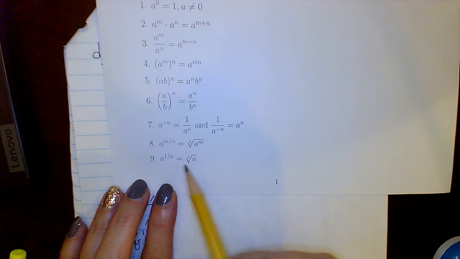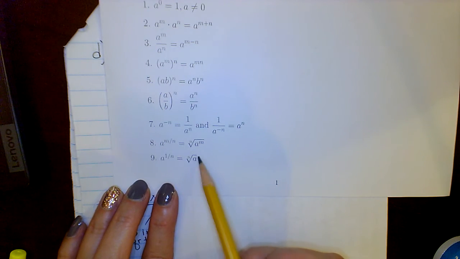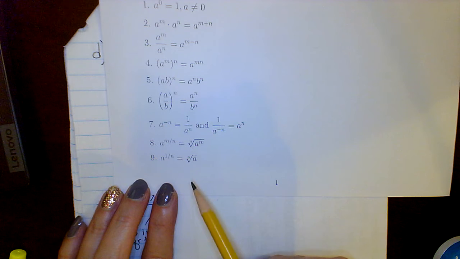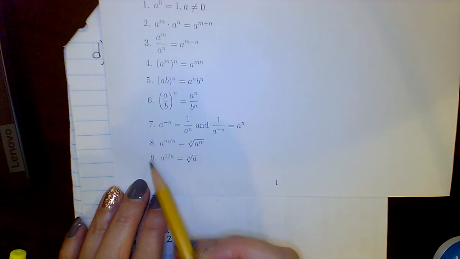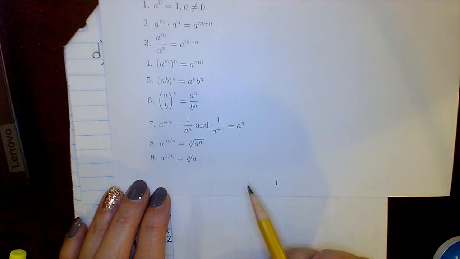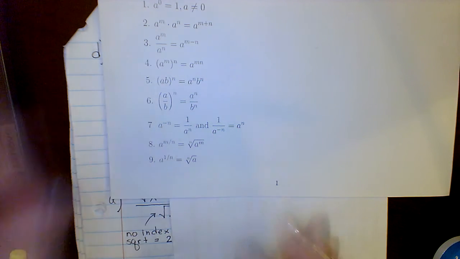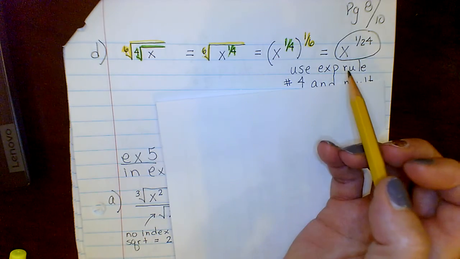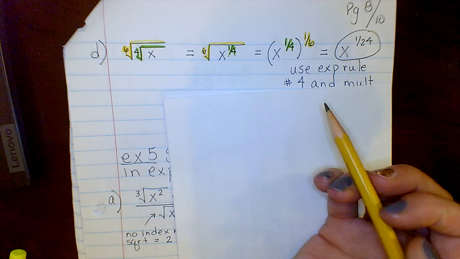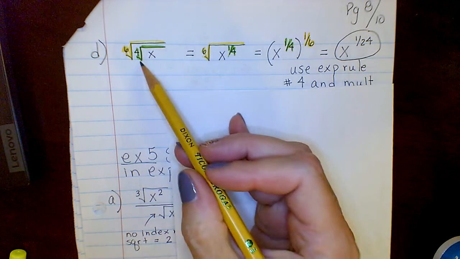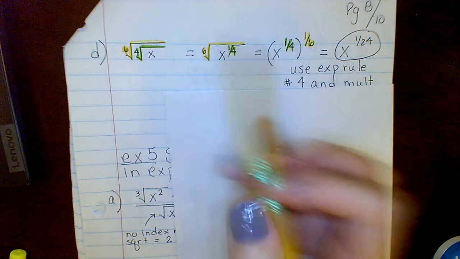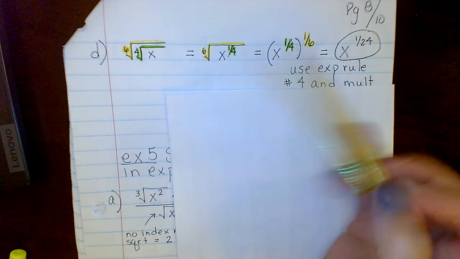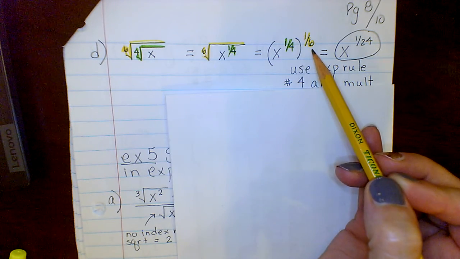The definition of what it means to be the nth root is the 1/n power. So that one I just kind of tacked on the end here and called it rule number 9. So from here to here I'm using rule number 9 in these first few steps. So the 4th root became the 1/4 power. The 6th root became the 1/6 power.